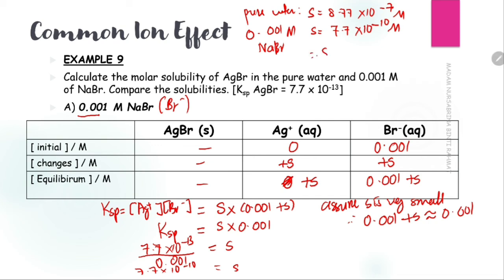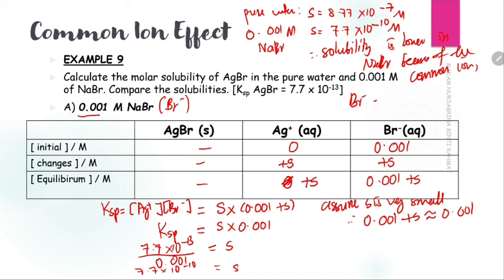So solubility is lower in NaBr because of the common ion Br negative that is present, which reduces AgBr silver bromide solubility.